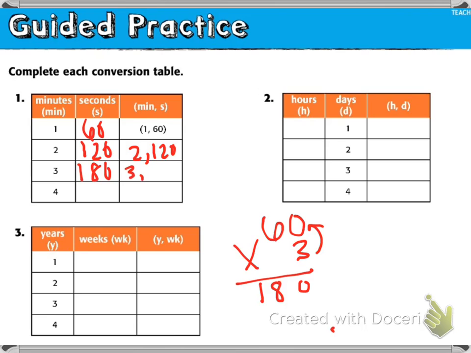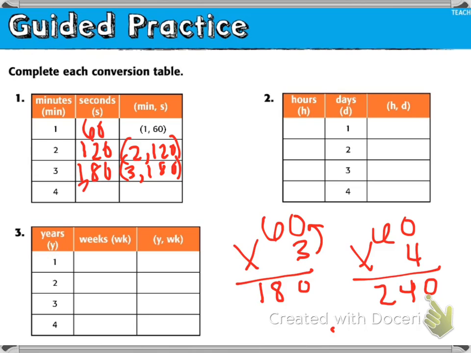So 3 and 180. And the next one, 60 seconds times 4 minutes would be 240. So we'd write 4 and 240.